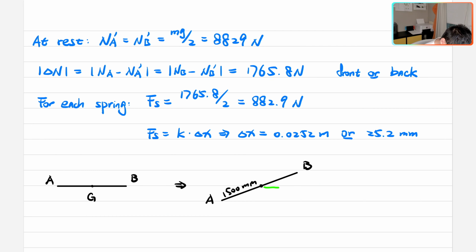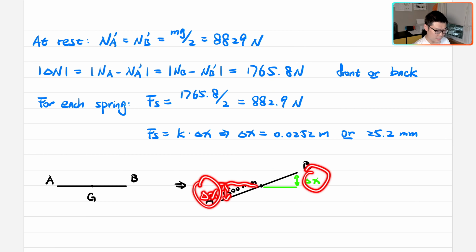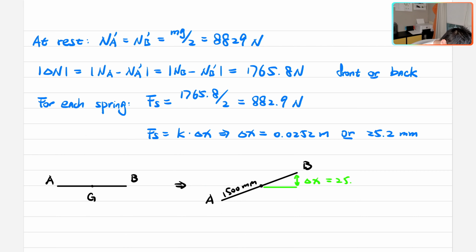And then this is how much your delta x is. It's the same amount of delta x if you draw it here. This is also delta x. Delta x, delta x. And your delta x you calculated is 25.2 millimeter.